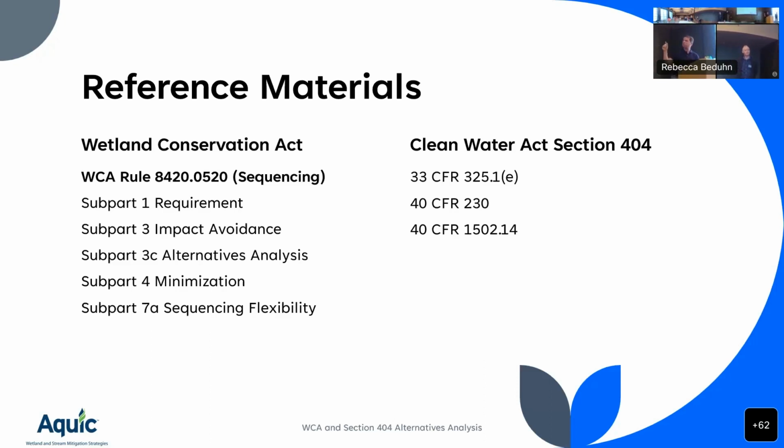Specifically, 230.10 is where all the nuts and bolts of the alternatives analysis is. So if you want to understand that least damaging concept and how that's worked, you're going to go to the 404(b)(1) guidelines. It's a little odd that with the Corps permitting program, you jump outside of the Corps regulations to find the real substantive standard, but that's how it works.